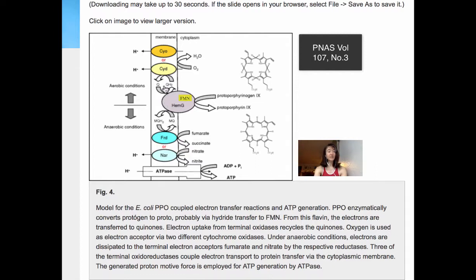That is one complex that E. coli has, but then it can use what's called the cytochrome D branch if aeration conditions are low, that is, there isn't very much oxygen present in the environment. This particular component of the ETC will bind very tightly to oxygen and utilize it even if it's present in low concentrations. The cytochrome O branch is going to be utilized when oxygen conditions are high, so when there's a high concentration of oxygen.